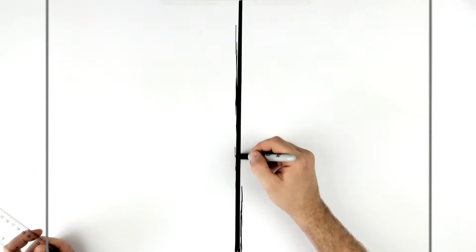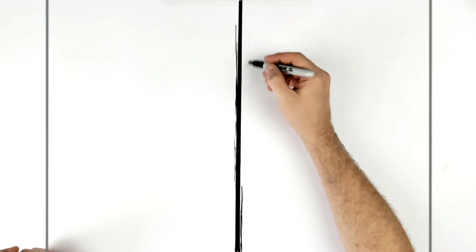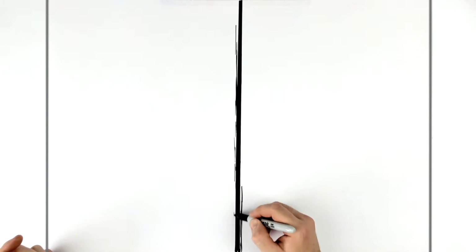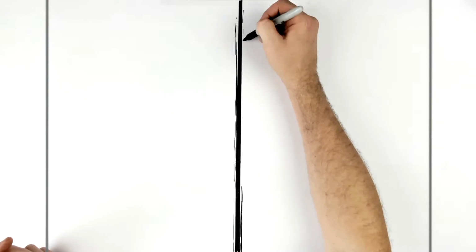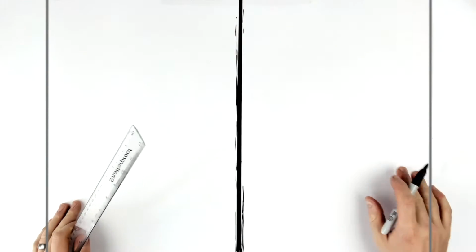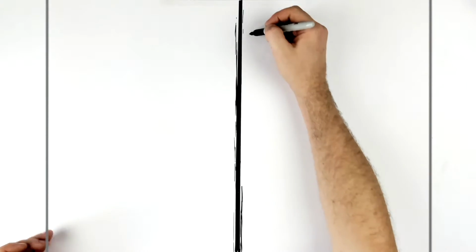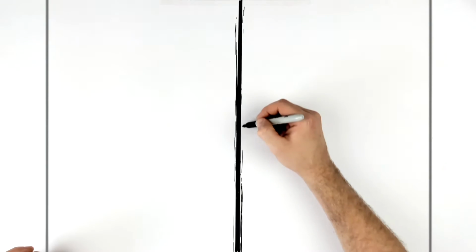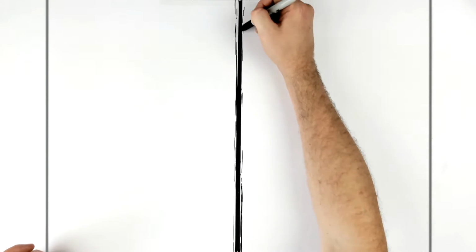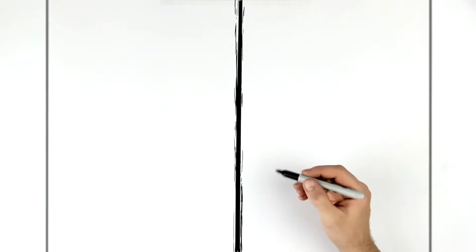You can do it as thick as you want. Just lots of hatching and stuff on this. So it just gives it some energy, I guess, just on the side.